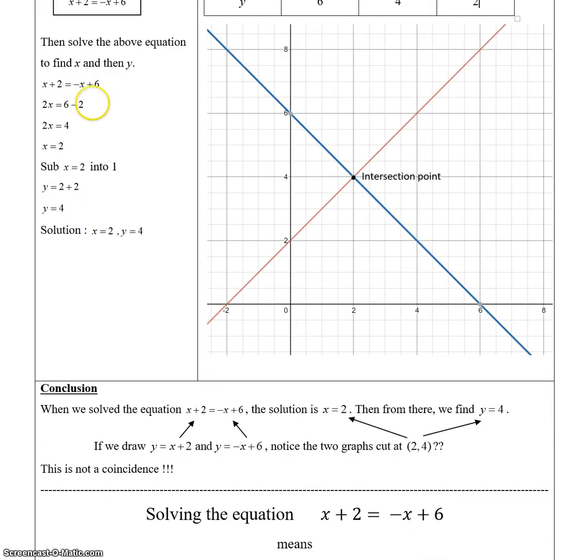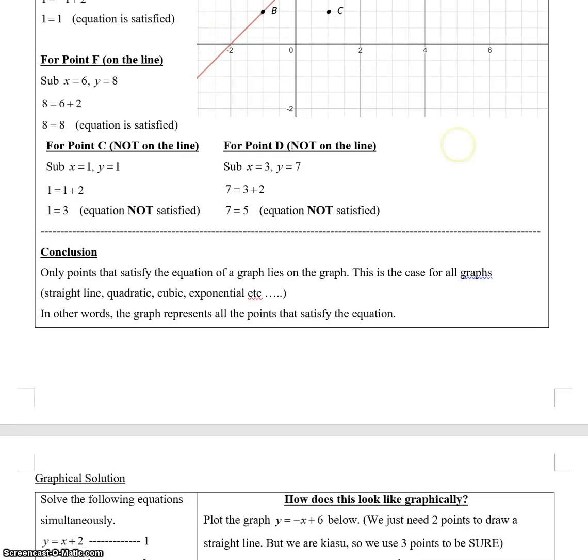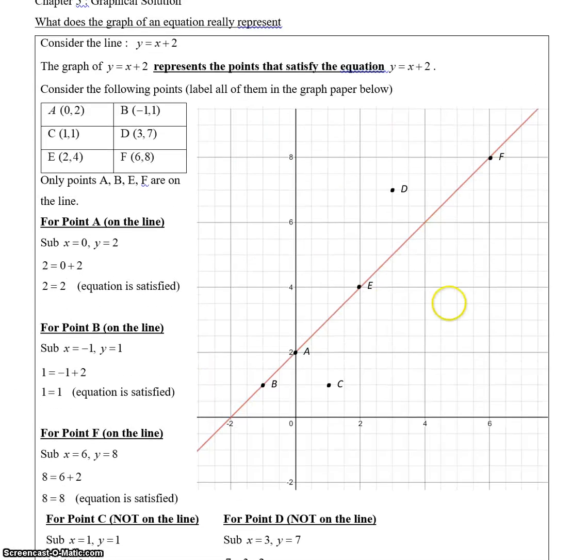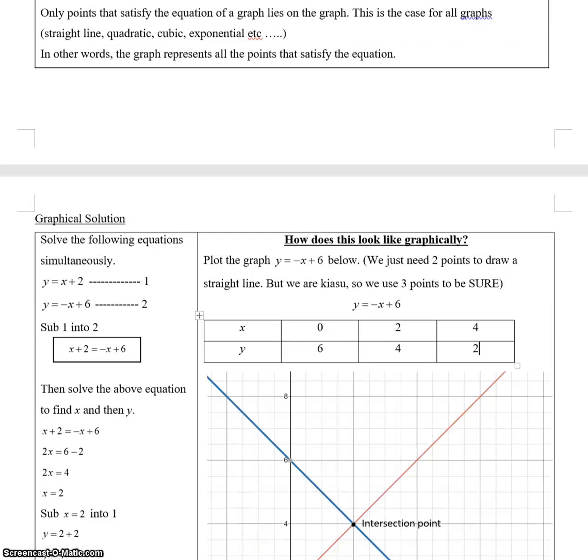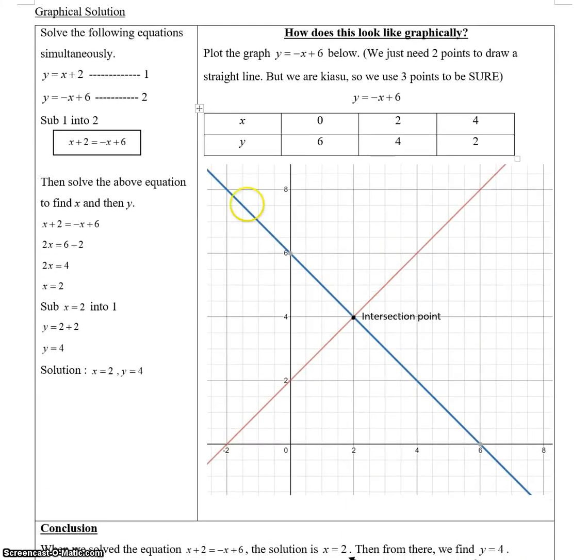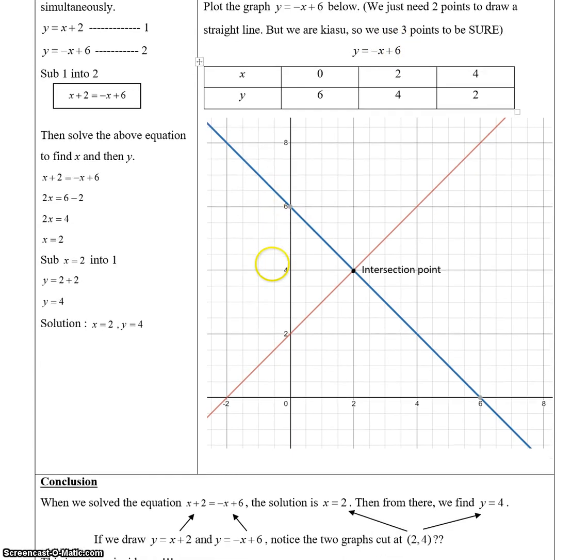And you notice that over here, we are solving this equation x plus 2 equal to negative x plus 6. This red line is the same line we drew just now. If I scroll up, you can see this red line is the same line. This is the line x plus 2, and the blue line that we just drew is negative x plus 6. So I'm drawing the red line and the blue line.